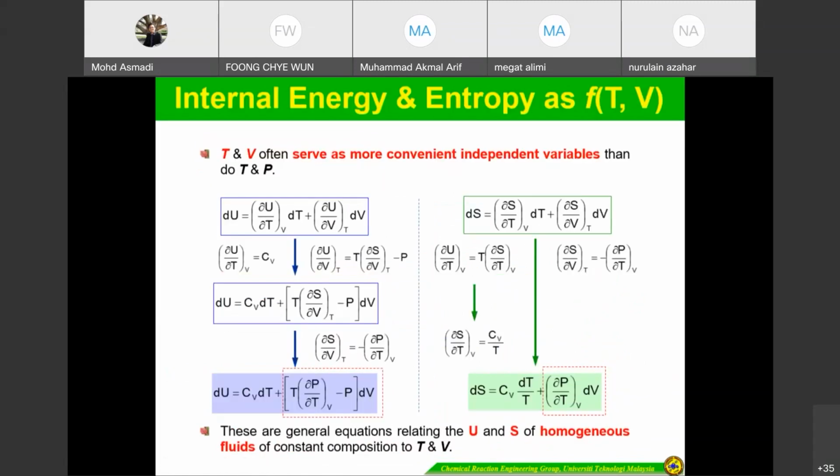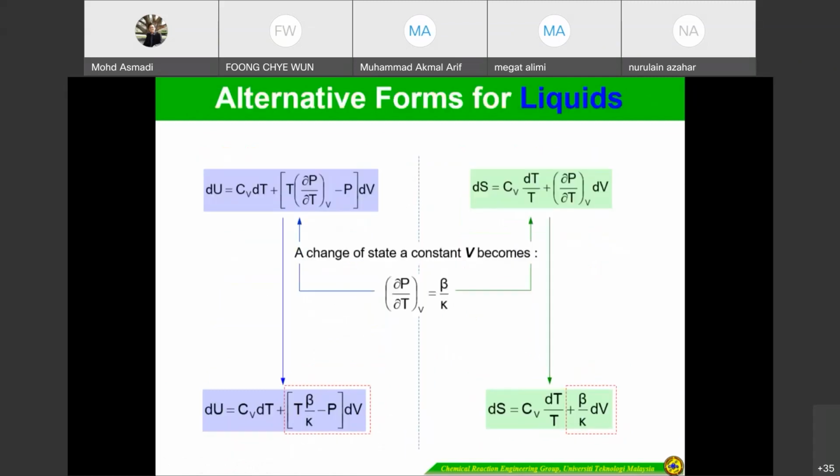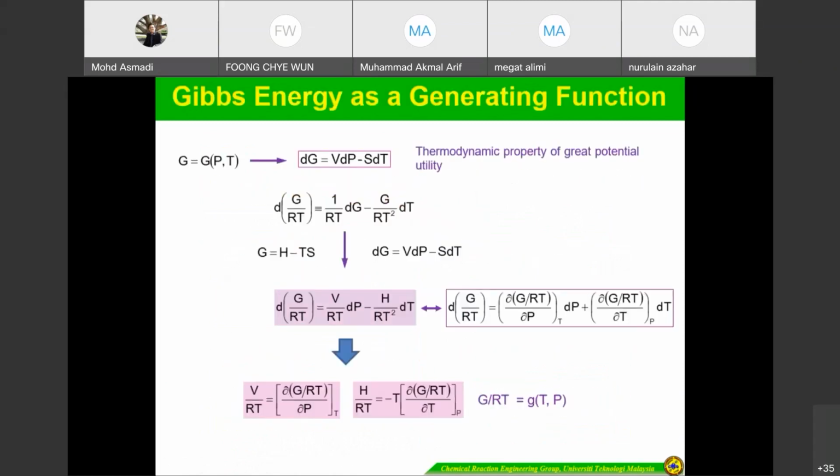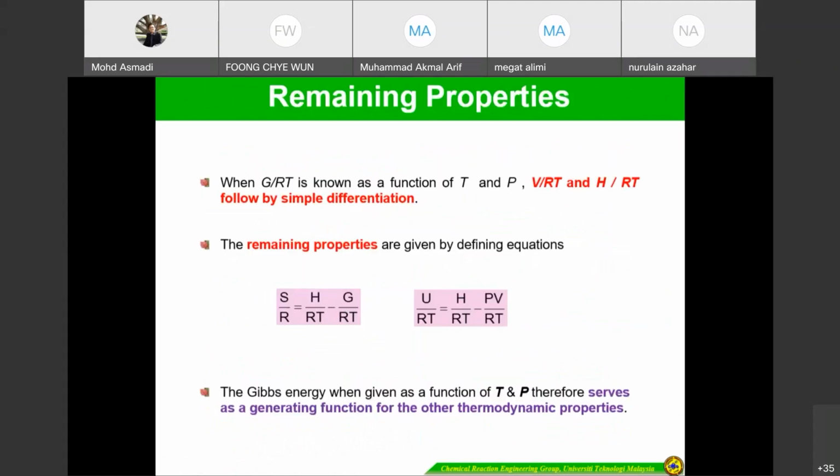And for the internal energy, similarly. So we can summarize that there are additional parameters that you have to determine compared with the previous equation. How to find them? Let's see. These are the remaining properties, S^IG and U^IG, PV. So I don't think I'm going to explain this one.